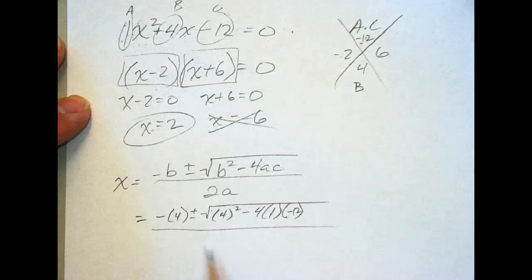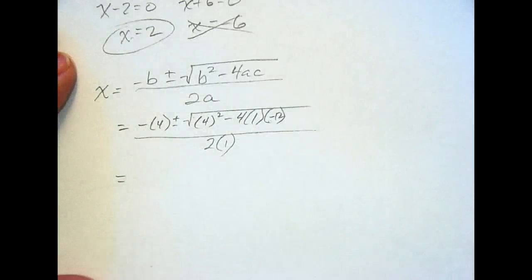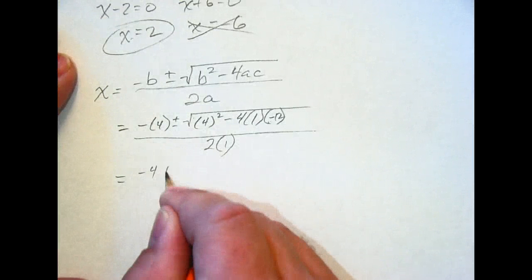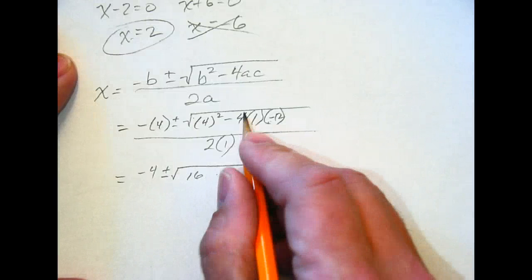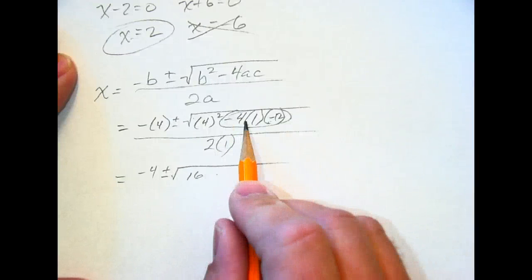2 times 1. So I get negative 4 plus or minus the square root of 16 minus 4 times 1 times negative 12. Notice I circled that.